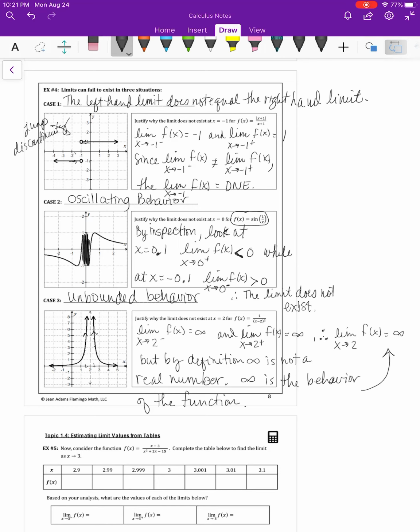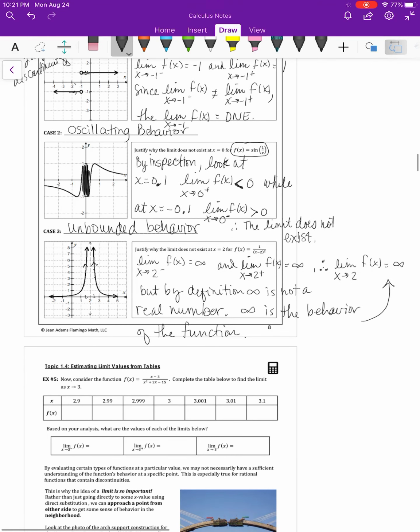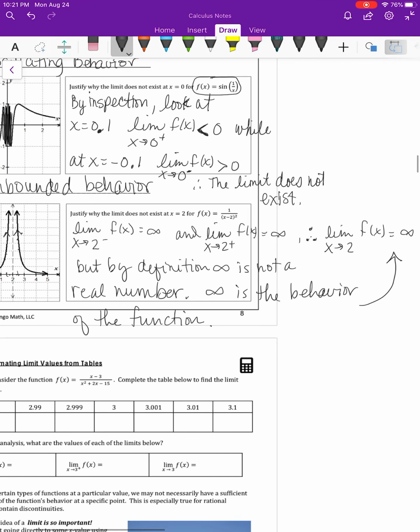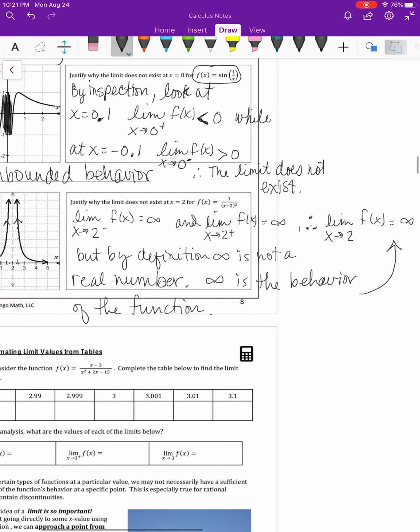If the limit exists, it equals some value L. Like for limit, we always say L. If the limit exists, it actually equals a number. So I want you to tell me if it's doing the same thing on both sides. So since it was going to infinity on both sides, this would have been the answer to the limit.